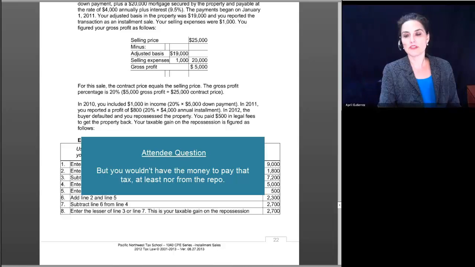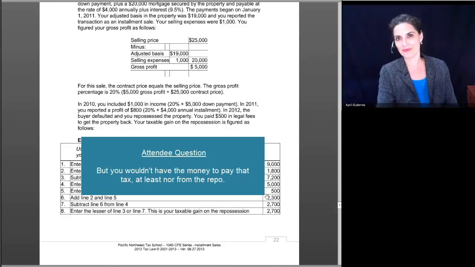They're only going to have you include in income the difference between those payments and the gain on the sale minus the repossession costs of $500. So ultimately, the $2,700 is the amount that has to be included in income, even though $9,000 has actually been collected over time. So theoretically, you have got the cash. You just don't have the cash in the year of the repossession.